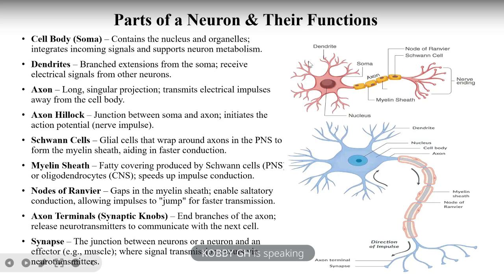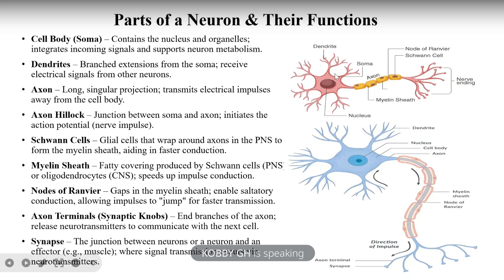Now this is how a typical neuron looks. Typically a neuron has a cell body, which we also call the soma. This is where we have the nucleus of the neuron and several other organelles.